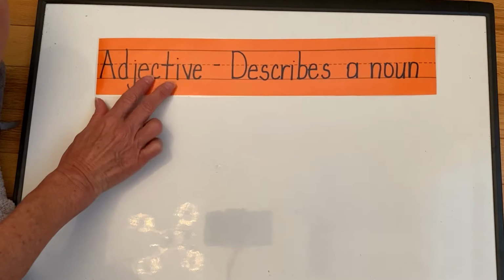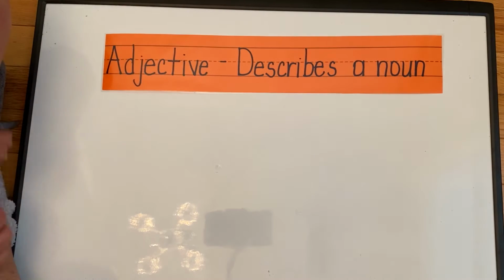Now, this is actually going to be something new that is also a part of speech that we find in a sentence sometimes. Every complete sentence is going to have a noun and a verb, because the noun is in the naming part and the verb is in the telling part.